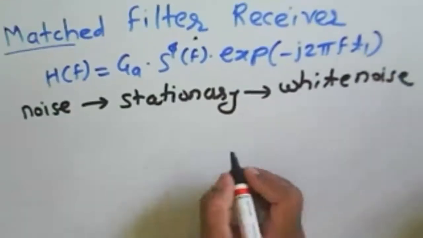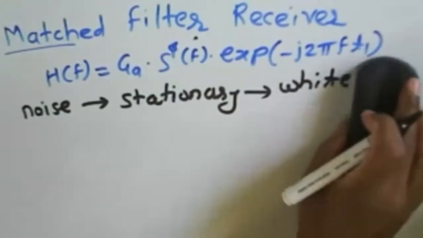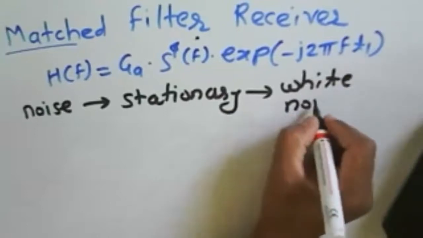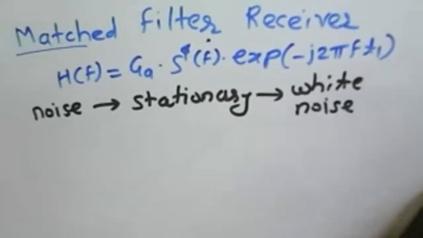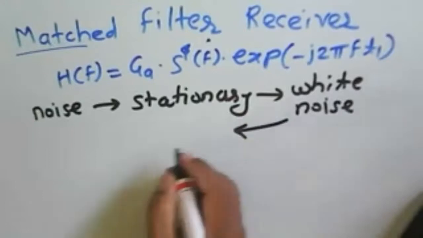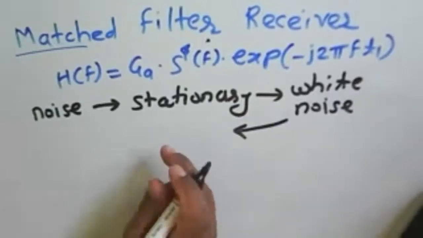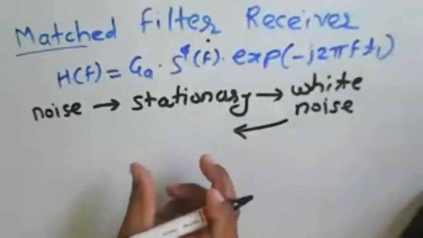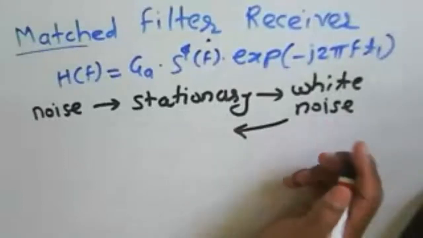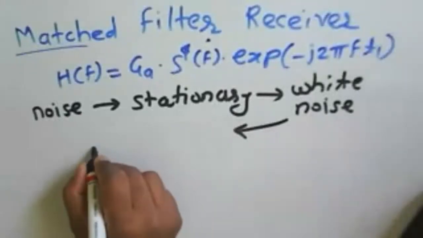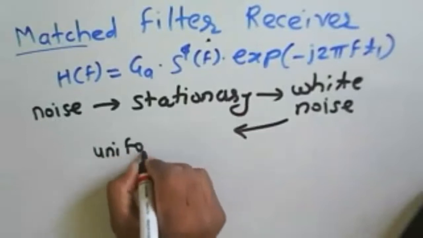When we say that it is white noise, then what happens here? The spectral density of this white noise will be uniform. So you can say uniform spectral density.